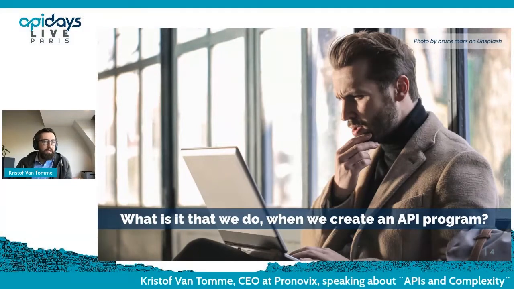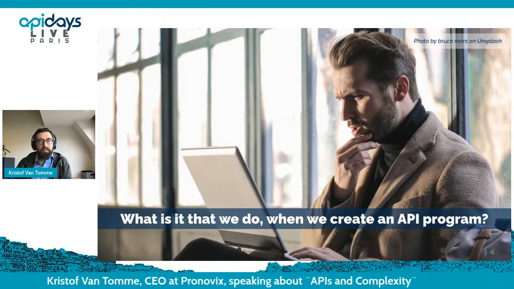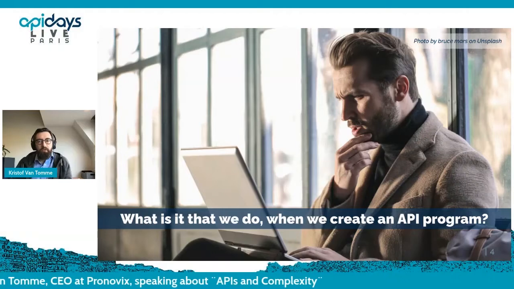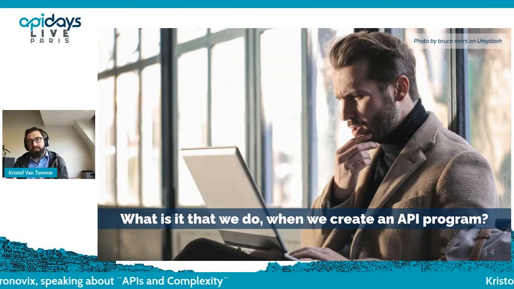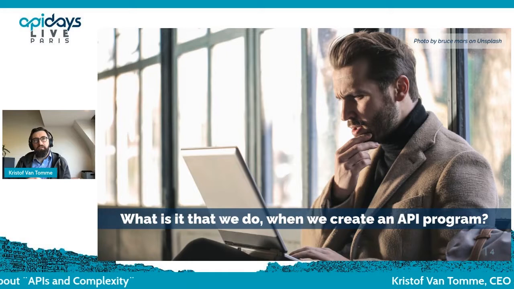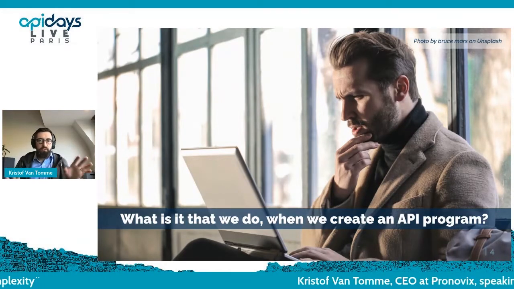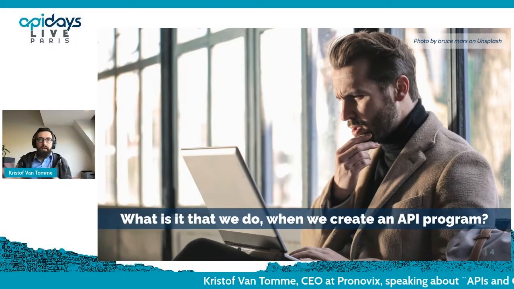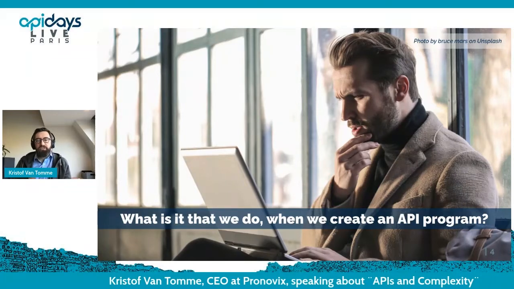Or a little bit more mature organizations will have very clear ideas about, okay, we're going to build an ecosystem. We want a marketplace where we're going to have this kind of participants, and this kind of APIs, and this is how it's going to change our organization.